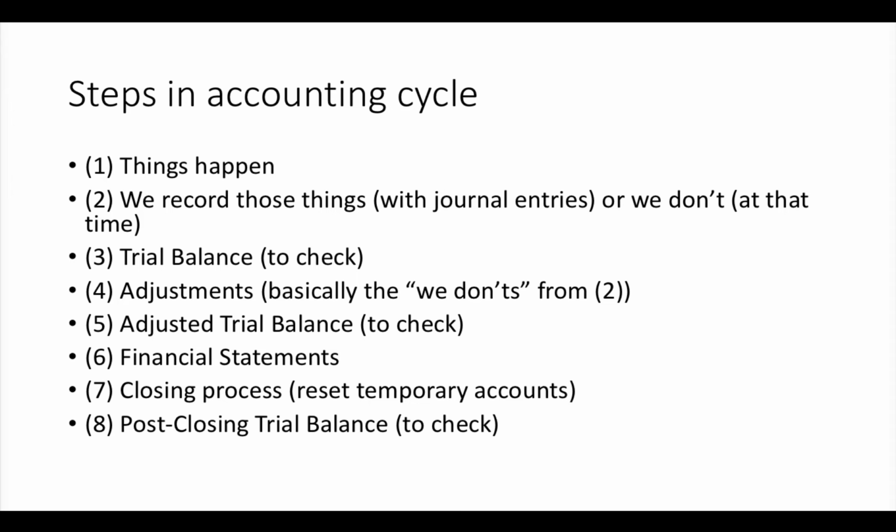Different books have different numbers of steps because they divide some of these steps into more than one or combine them, but they all do the same thing, whether it's in 7 steps or 6 or however you want to vocalize the steps. All of these things are accomplished no matter which textbook you're being taught from. So things happen.